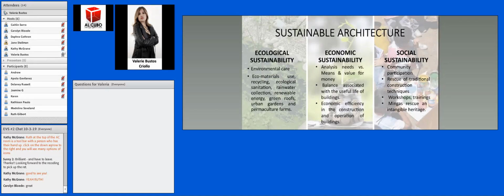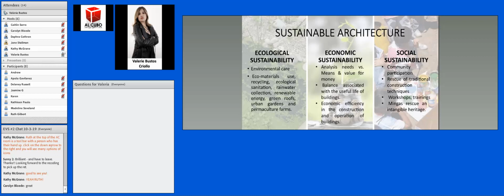To achieve a sustainable project, 3 aspects must be considered. Ecological sustainability regarding the care of the environment through the use of eco-materials, ecological sanitation, renewable energy, etc. Economic sustainability, making a thorough analysis between needs and means, as well as value for money and economic efficiency, both in the construction and in the building operation.